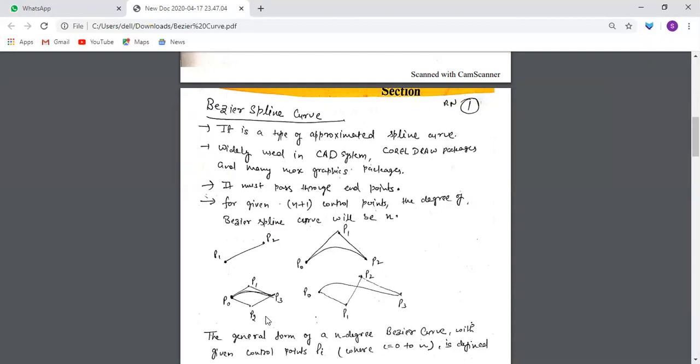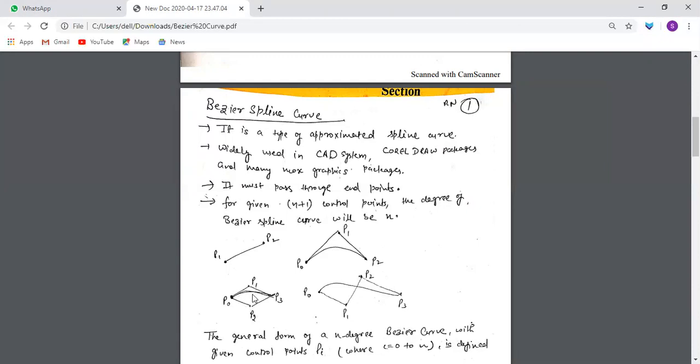Third, there are 4 control points P0, P1, P2, P3. So we have made a curve like this, P0 to P3. We are leaving 2 control points here, so the curve doesn't have to pass through P1 and P2.